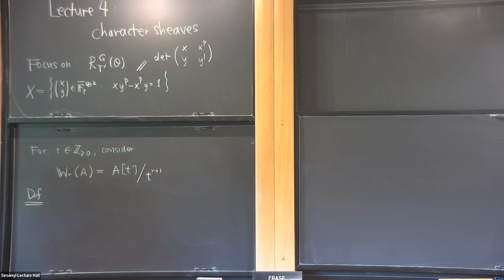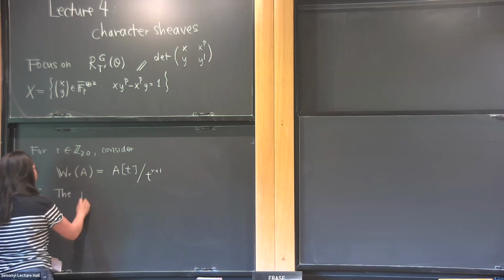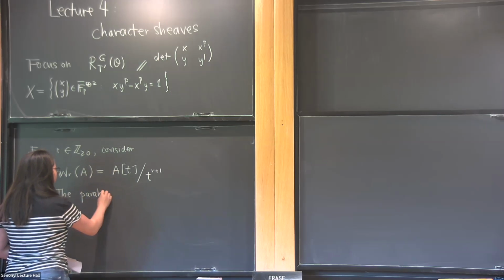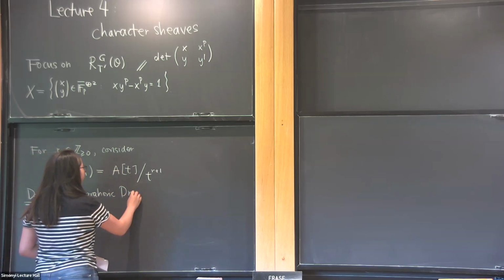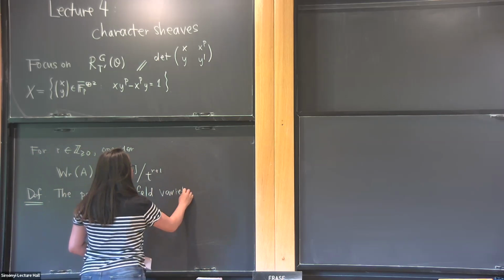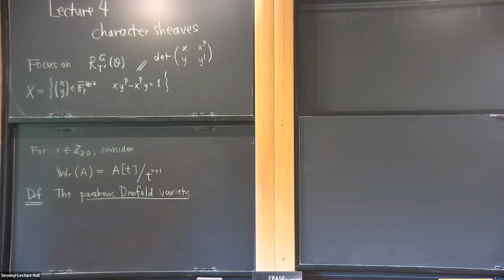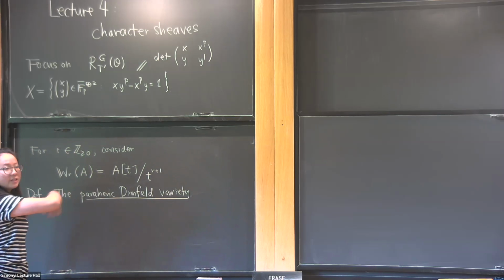So here's a definition of an r version of this thing here, which I'll call the Parahoric Drinfeld variety. So, by the way, as I've alluded to over the course of this week, the Drinfeld curve is a special case of a class of varieties called Deligne-Lusztig varieties.